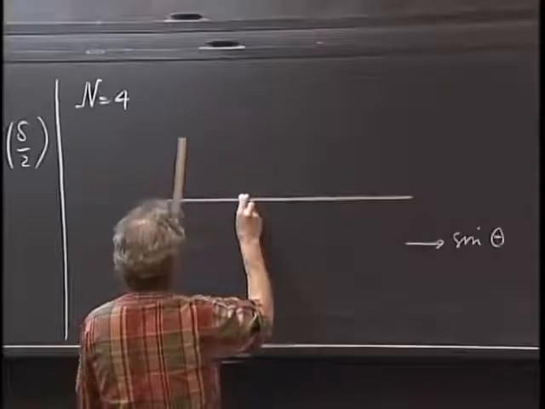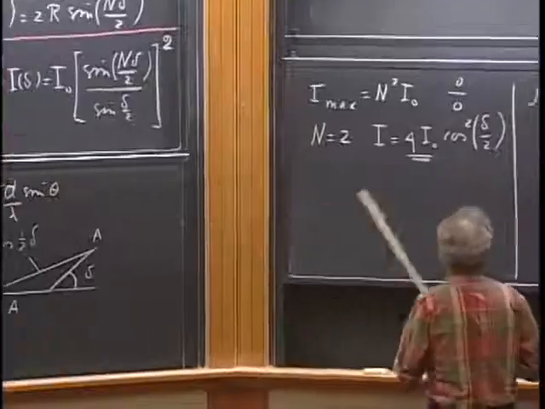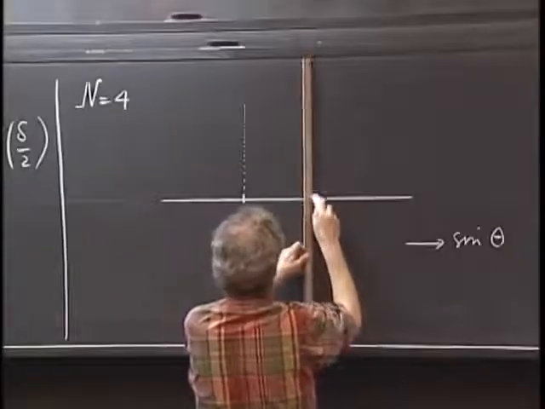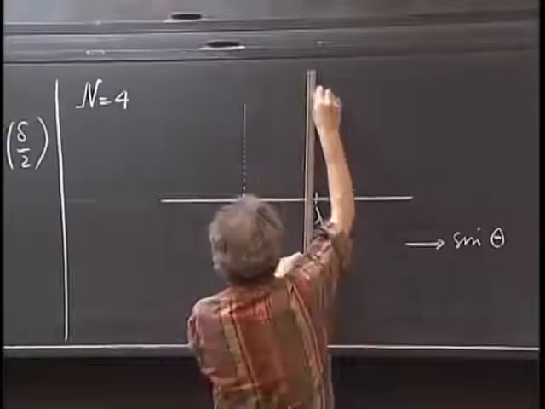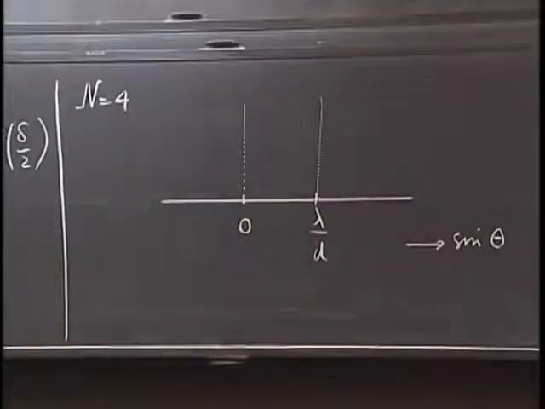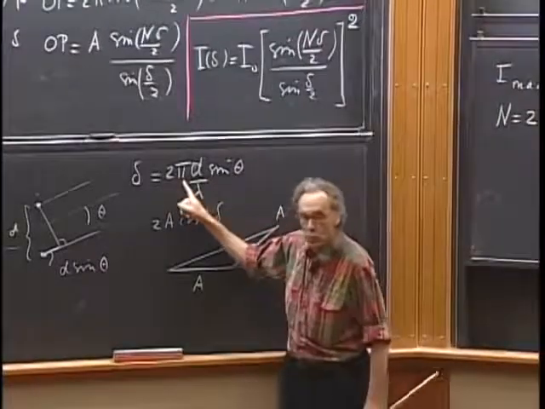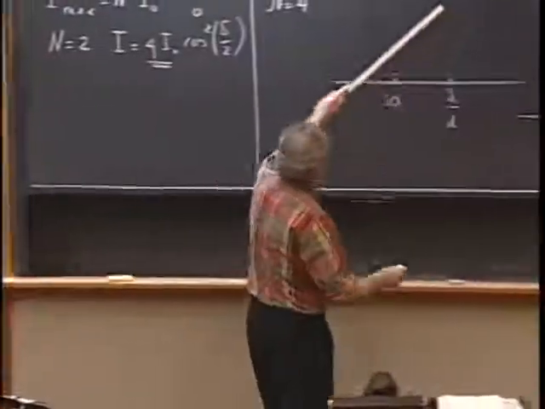All right, if sine theta is 0, then you get 0 divided by 0, and you're going to get a maximum. If sine theta is lambda divided by d, you see that delta is 2 pi. That means you get a maximum. So you get a maximum here.